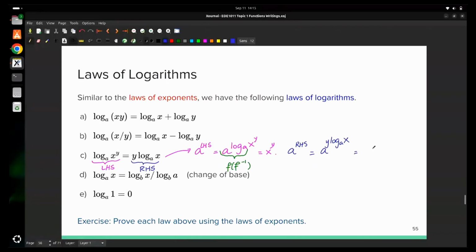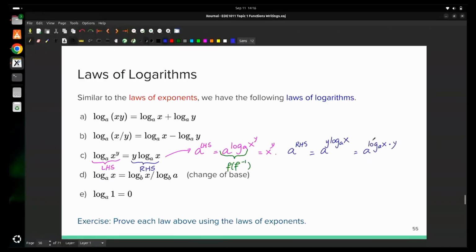Let me see. All I need to do is just flip, just trying to make it really clear here. So this is y times log base a x, I just bring this y across. So multiply by y, because this is multiplication, right? y times this log, okay?